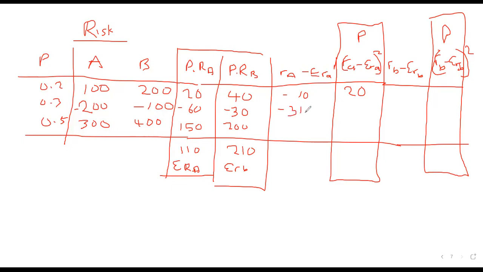Then square 310, multiply by 0.3. What do you get? 310 squared, we get 96,100, times the probability of 0.3.